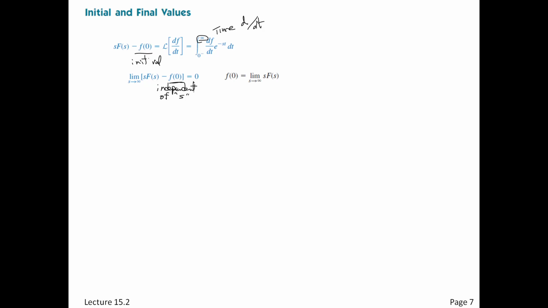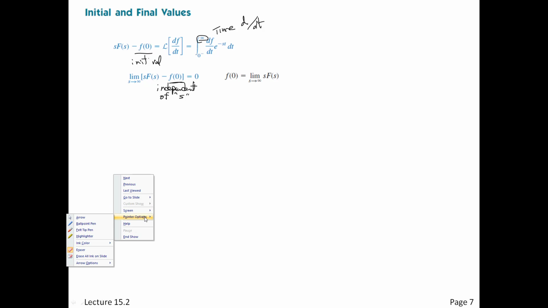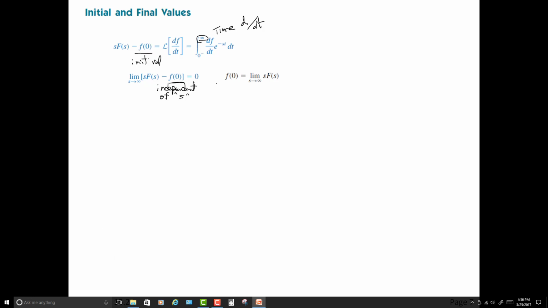This isn't correct. The point is this whole derivative term goes to 0. It's independent of s, which allows it to be 0. And then over here we simply solve for f0.